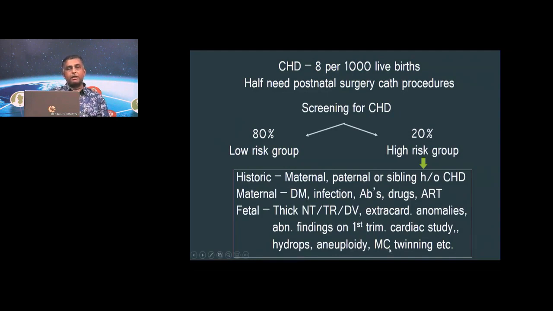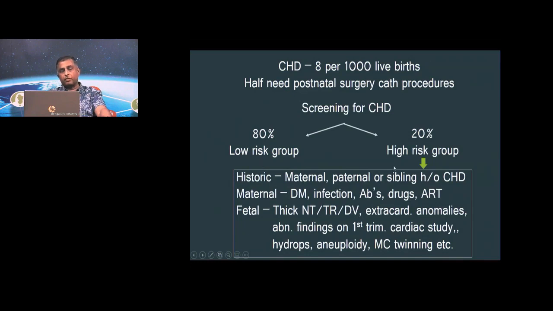Monochorionic twinning, extremely important, because the heart gets involved because of the volume exchanges that occur, and therefore we must put a monochorionic twinning into the high-risk group. So all the others, without any of these factors, the regular run-of-the-mill case belongs to the low-risk group.